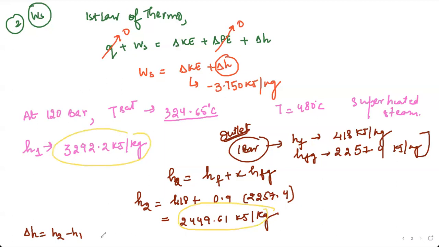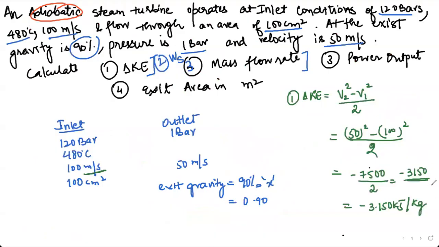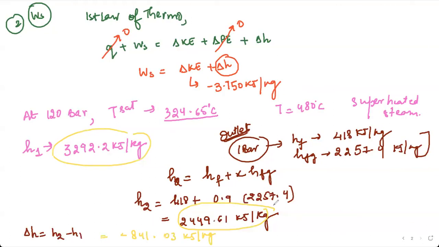When we subtract H2 minus H1, we will get minus 841.03 kilojoules per kg. We had converted our change in kinetic energy to kilojoules per kg, so this is also kilojoules per kg.